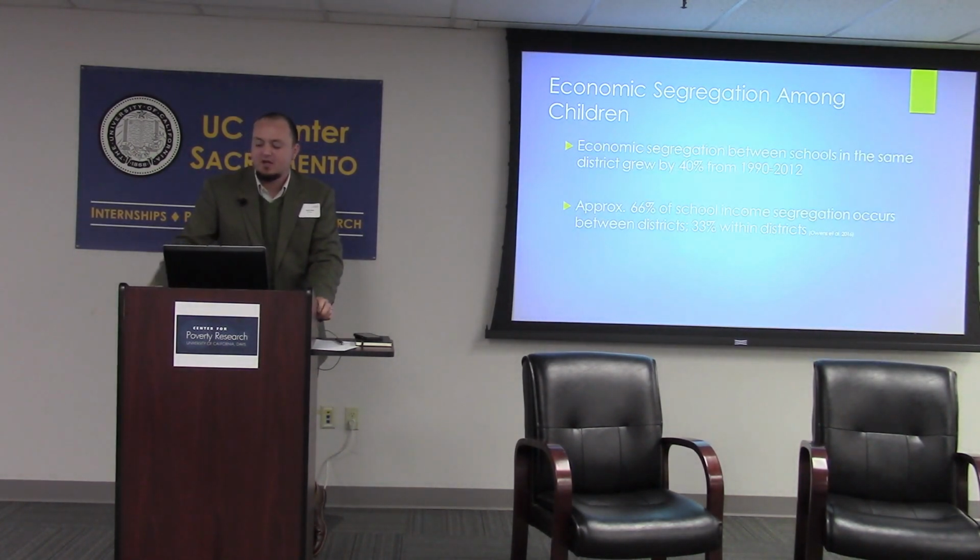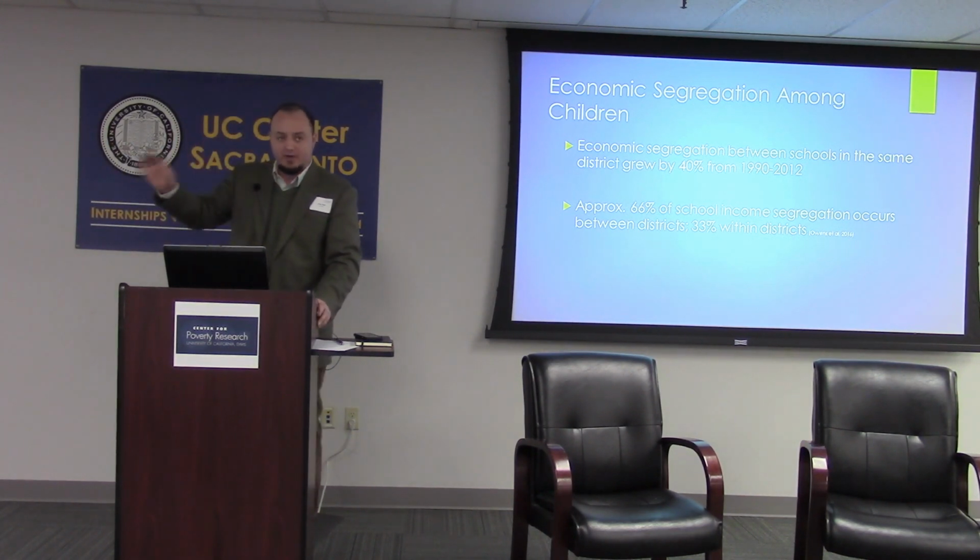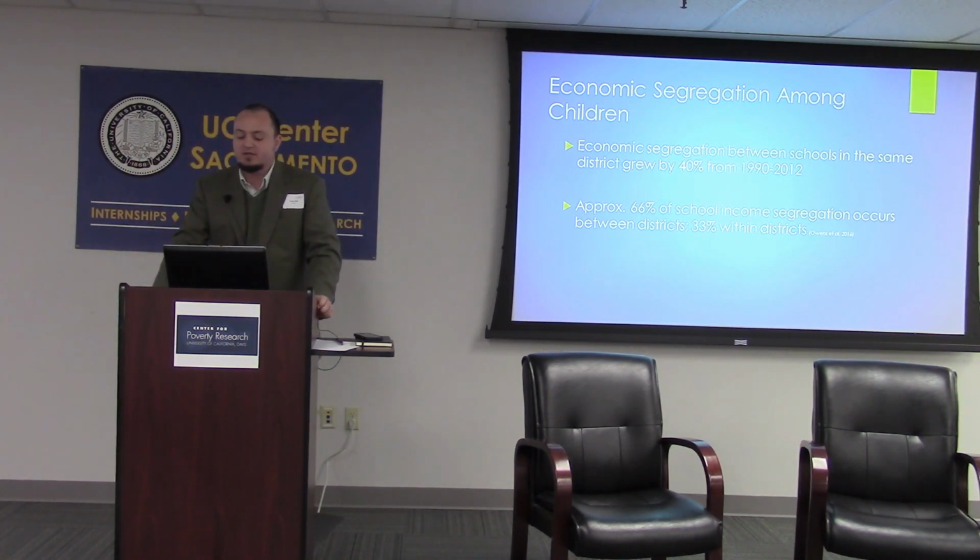We'll just skip ahead. So there's this between school district segregation, again driven primarily by the segregation of affluent families, which is most of the story of the segregation experienced by children. Within a metropolitan area, two thirds of the economic segregation experienced by children is driven by the clustering of affluent families in their own school districts, leaving other families in separate district boundaries.